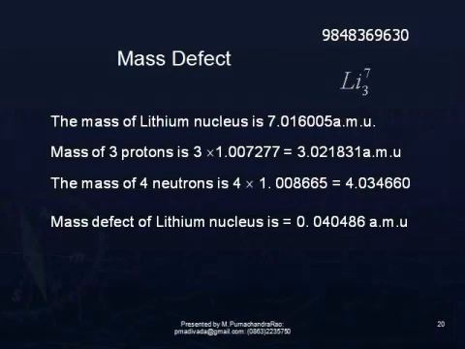There are 4 neutrons inside the nucleus. So the mass of the 4 neutrons is 4 into 1.008665. That is equal to 4.034660. So by computing we will get the mass defect as 0.040486 atomic mass units.